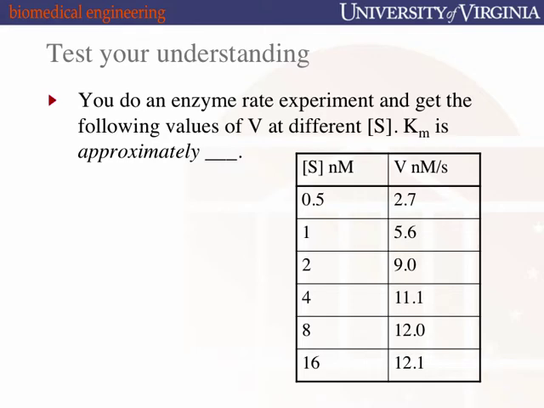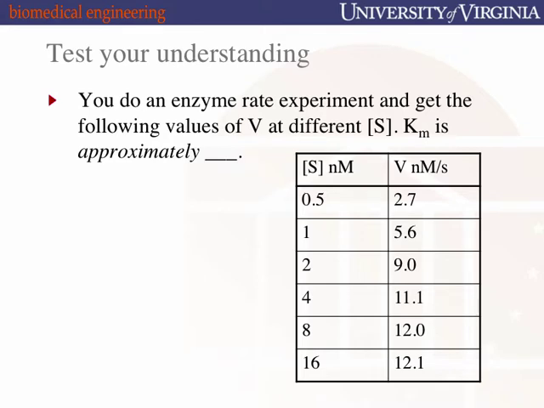Remember, when you're finding the Michaelis constant, the Michaelis constant is the concentration of the substrate that gives rise to the half max velocity. Right? So again, if I'm drawing the curve, here's Vmax. The Km is here.